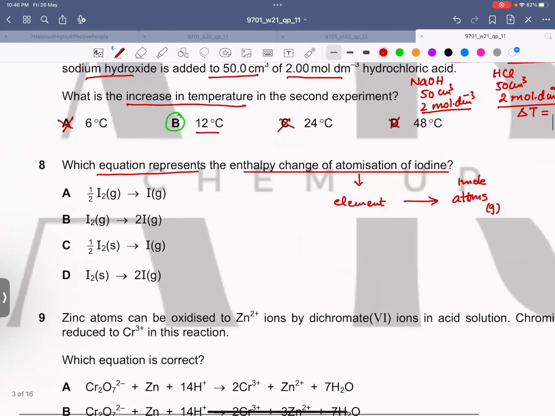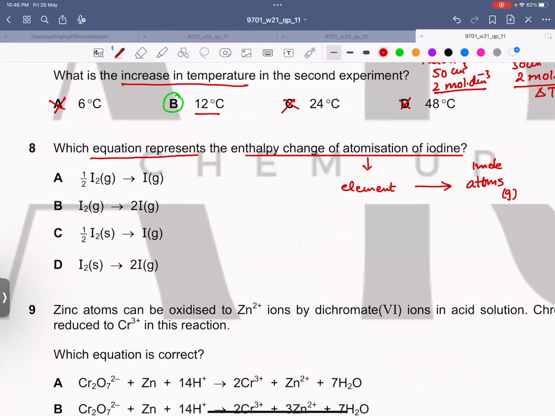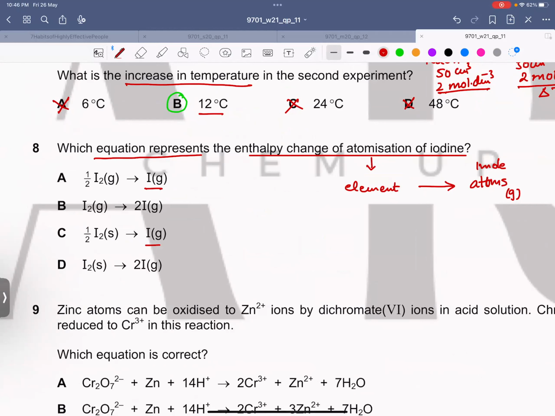So here we need 1 mole, right? On the basis of this, I can mark B and D wrong. Now I am left with A and C. If we talk about iodine, iodine exists as a solid, right? Not a gas. So A goes wrong and we are left with the correct answer, that is C.